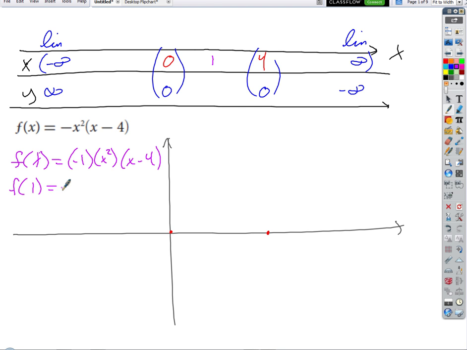So f of positive 1, what are the signs going to be? What's that sign? It's negative, it's never going to change. What's that sign? Positive. It's always going to be positive because it's squared, right? And then what about this one? Negative. So what's the overall sign? Positive. Negative times negative is positive, times positive.